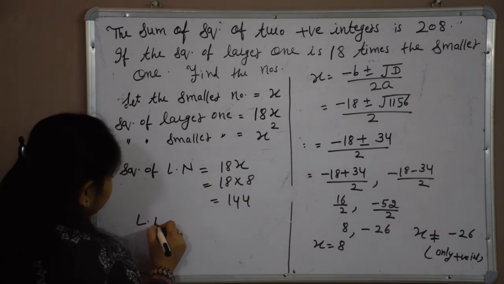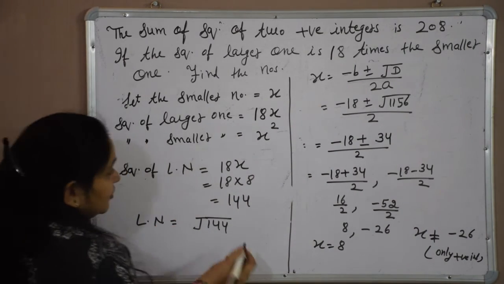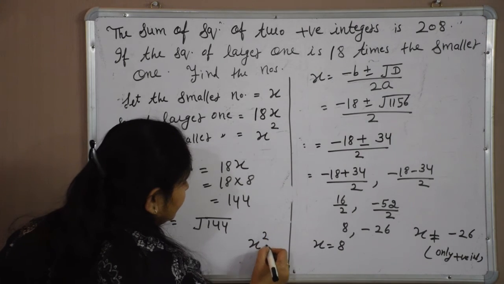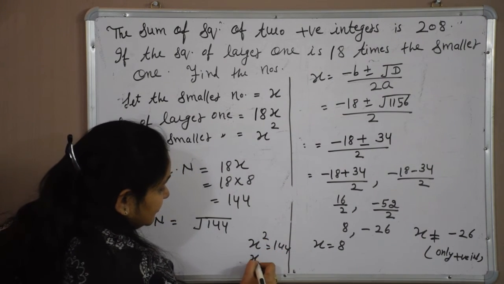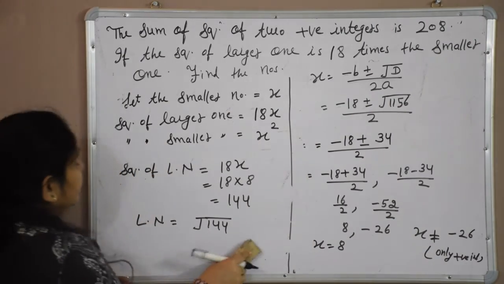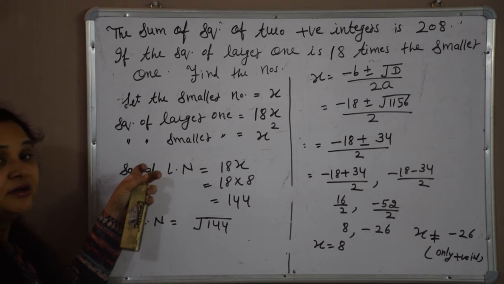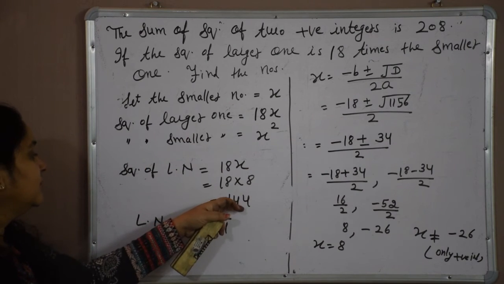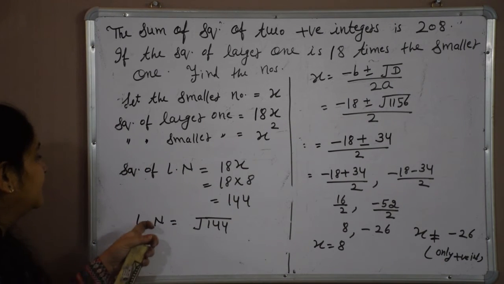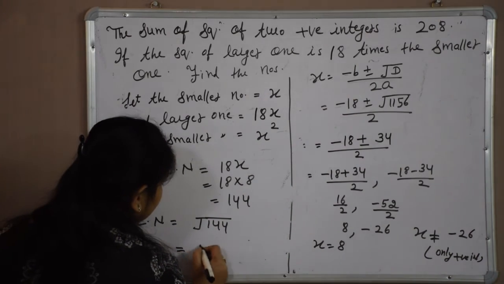So the larger number will be under root of 144, because if we have x square is equal to 144, then x should be under root of this. Same thing is here. We have just written it in the form of a statement. Square of the larger number is equal to 144. Larger number is equal to under root of 144 is equal to 12.